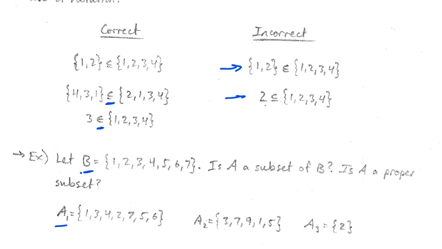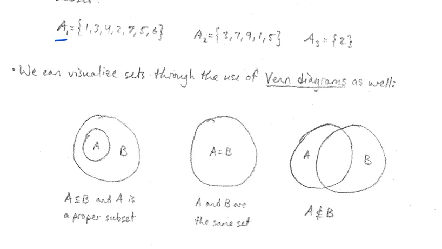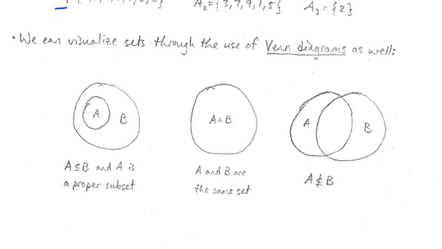So those are just the three sort of cases that you can have when it comes to two sets being related to each other. And something that you may be a lot more familiar with, the use of Venn diagrams to talk about sets.